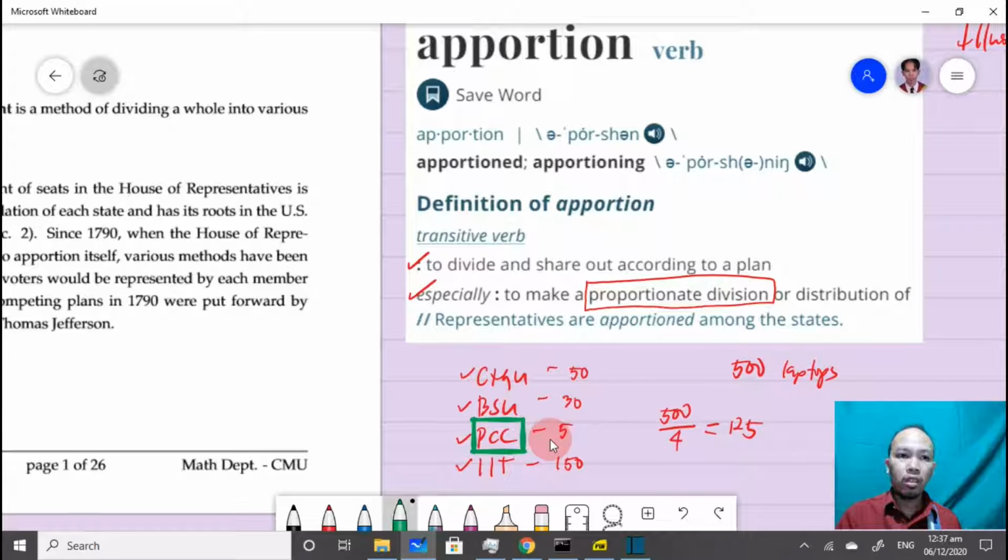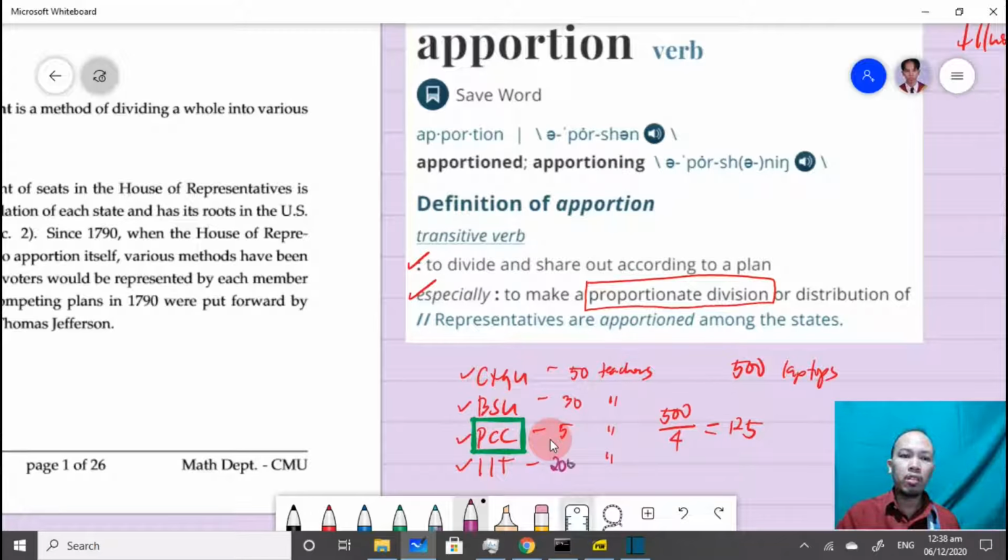Imagine that if you have 125 laptops and there are 5 teachers, what will happen to MSU IIT? Or for example, let's erase this one and change this to 200.